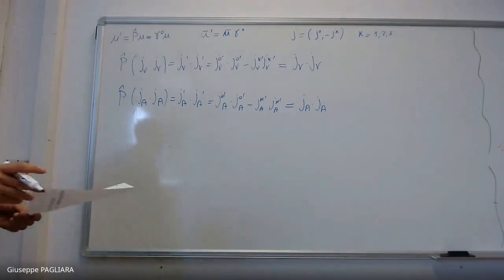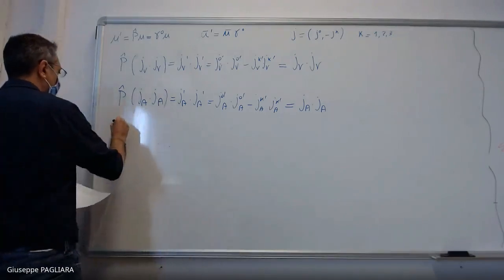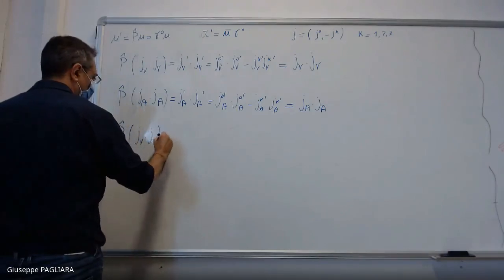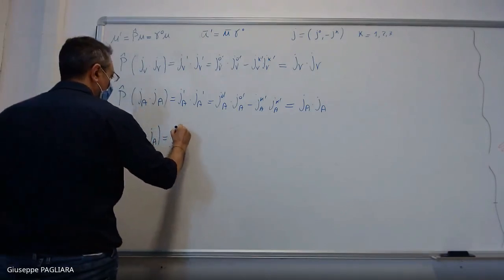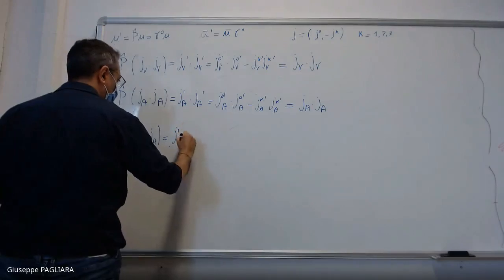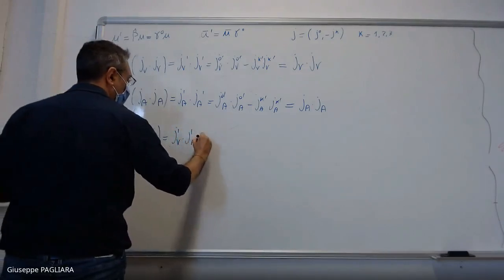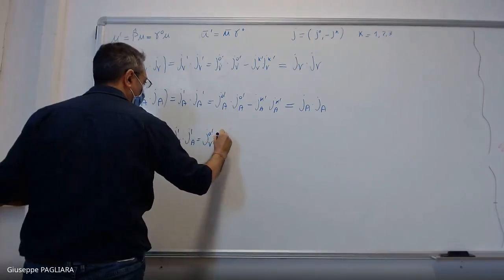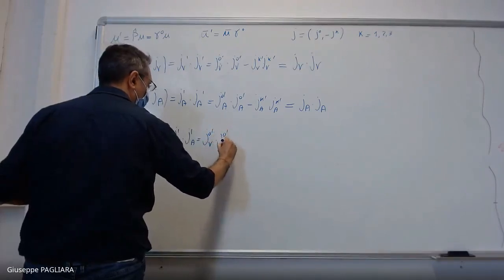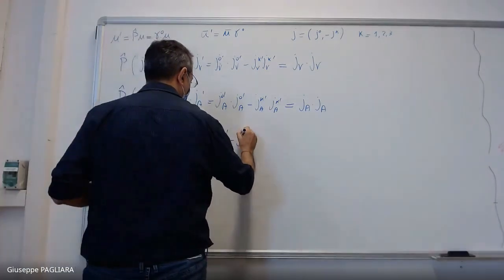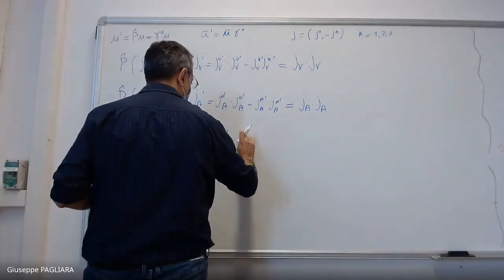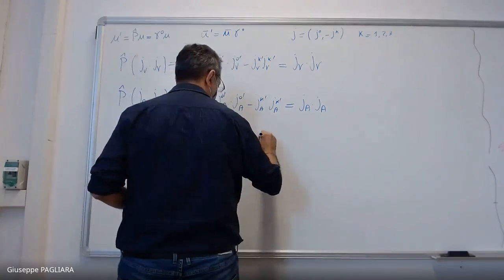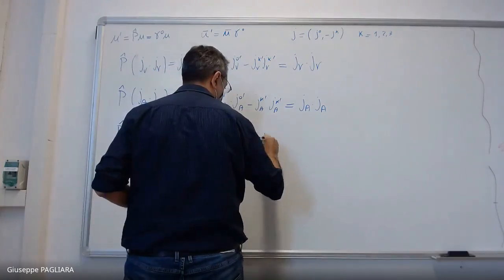What about now the mixed scalar product? J_V scalar J_A. So this is J prime_V scalar J prime_A. It is J⁰ prime_V J⁰ prime_A minus J^k prime_V J^k prime_A.